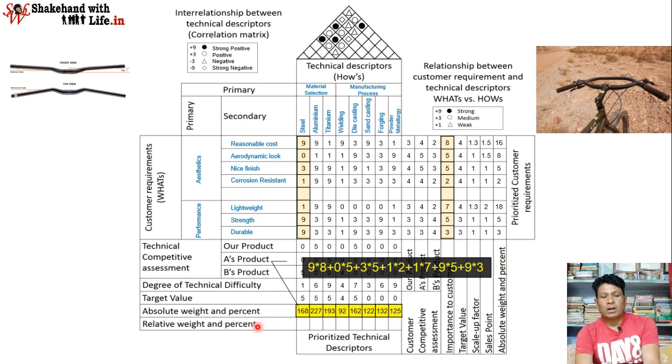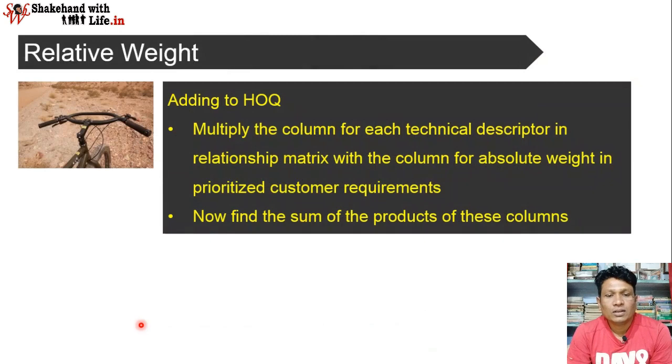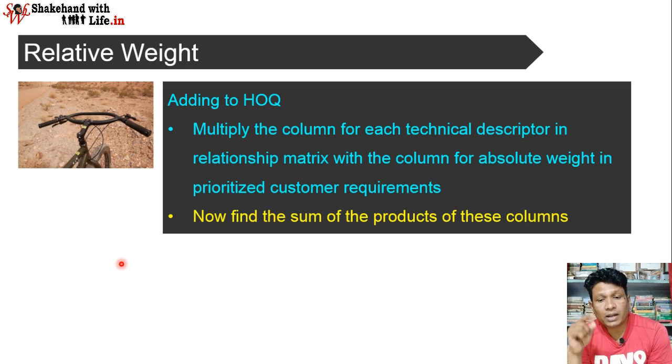Now we calculate the relative weight for each technical descriptor. How to add the relative weight to house of quality? Again, we need to multiply the column of each technical descriptor in the relationship matrix, but this time we multiply this column with the absolute weight in prioritized customer requirements.